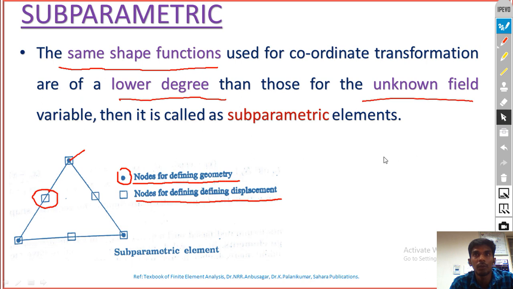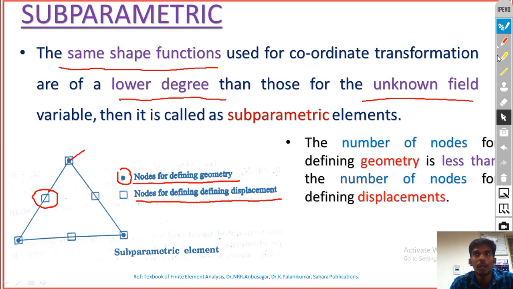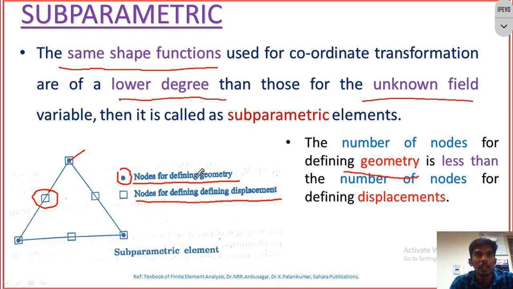Here you see the number of nodes for defining geometry. How many geometry nodes? Three. But the number of nodes for displacement is six. How many boxes here? Six boxes defining the displacement. So displacement is larger compared to geometry.